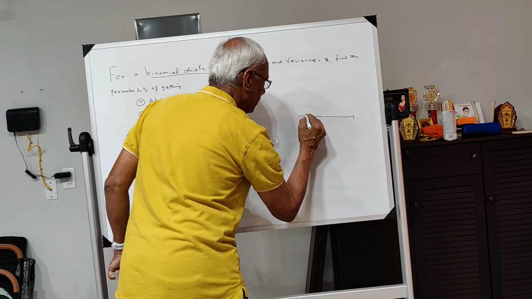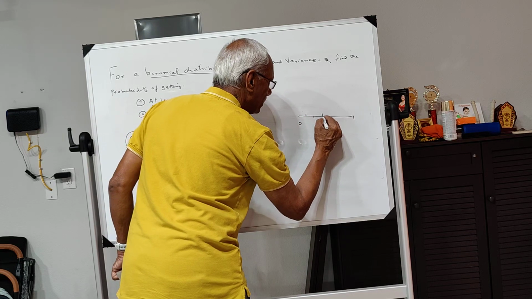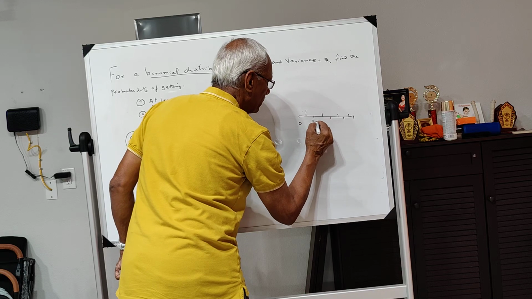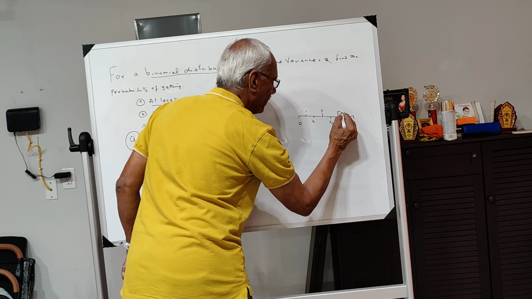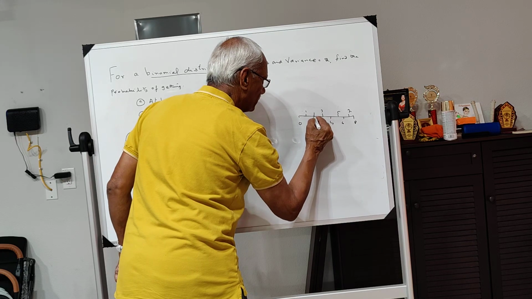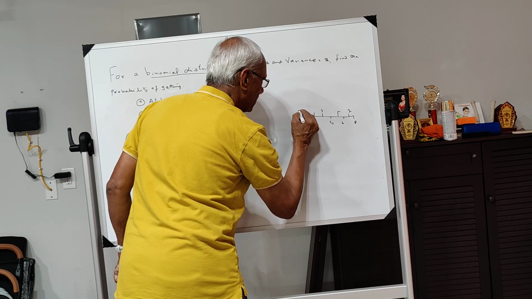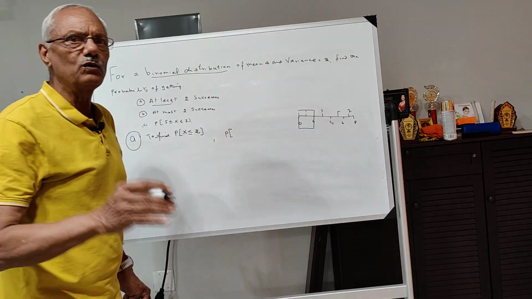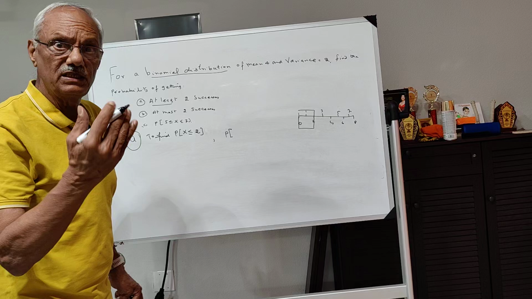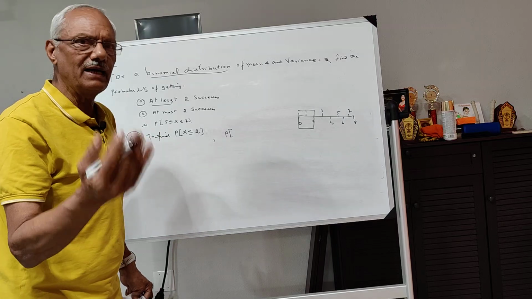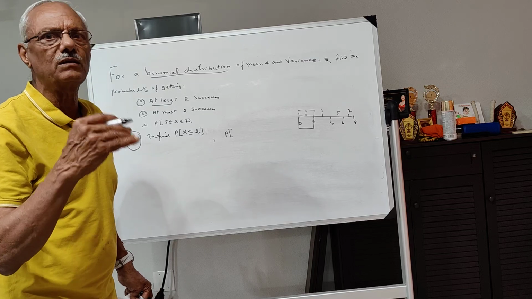At most 2 is like this: 0, 1, 2, 3, 4, 5, 6, 7, 8. At most 2 means up to this. After that we don't count. The success can be 0, the success can be 1, or at the maximum it can go up to 2, at most 2.